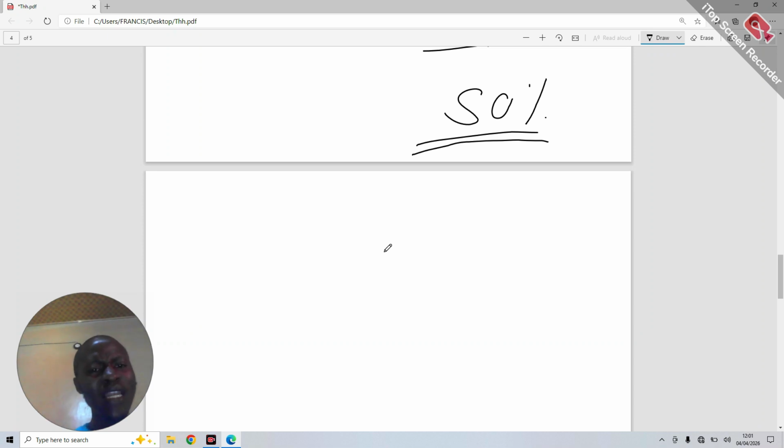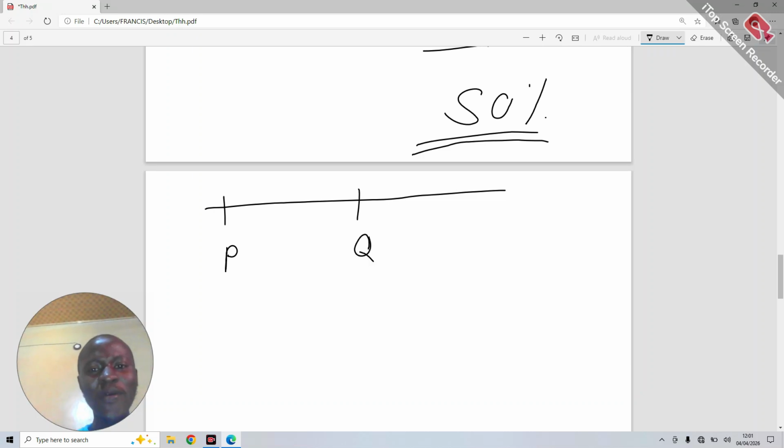Now we normally draw something like this. Then we have vector P, vector Q, vector R. I'm using that example I've just tried.